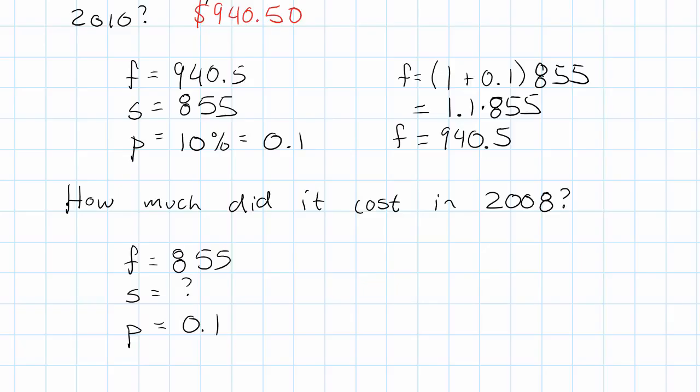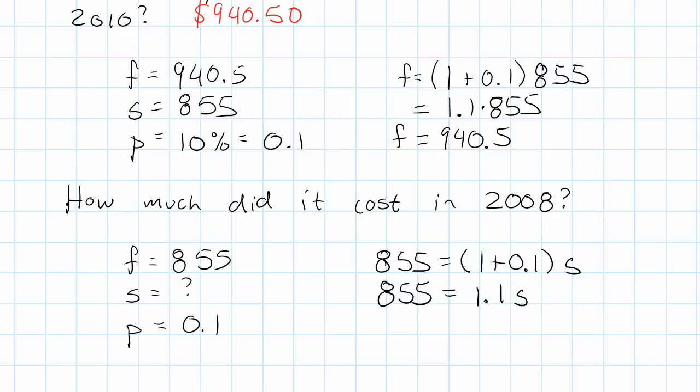I'm going to find that 855, my final amount, is 1 plus 0.1 times my unknown starting amount. Okay, we can still do this addition. 1.1 times S is 855. But now we need to use algebra to find S. We'll multiply both sides by 1 over 1.1. You can think of this as dividing both sides by 1.1 if you'd rather. Here, these will cancel and we'll be left with S.